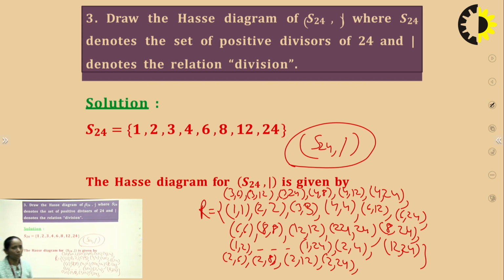Then again the same process: we remove all the reflexive relations, then remove the transitive relations, that is, A is related to B and B is related to C implies that A is related to C. So after removing the transitive relations, the remaining relations will be presented in the Hasse diagram.